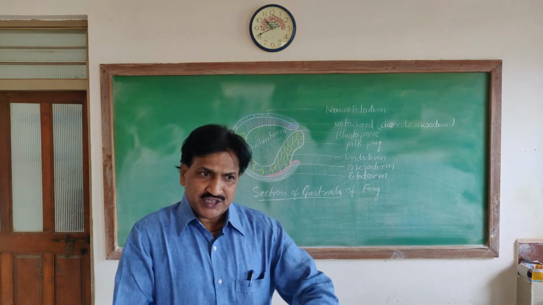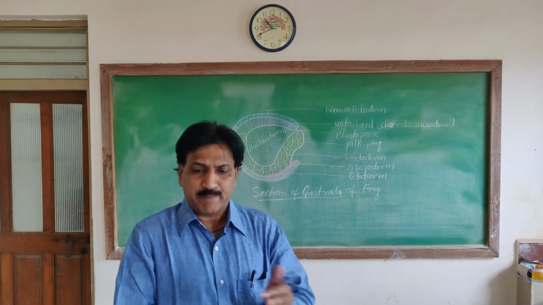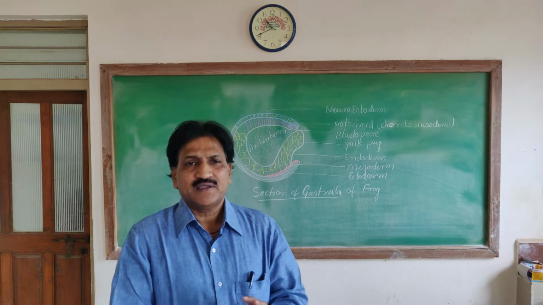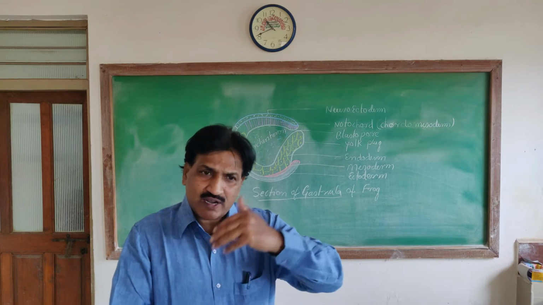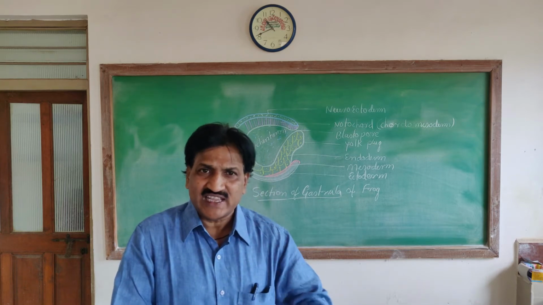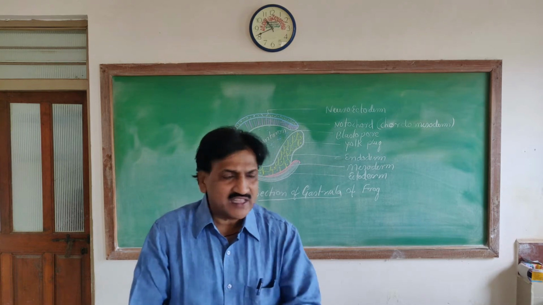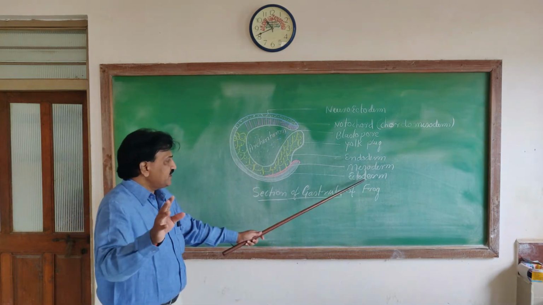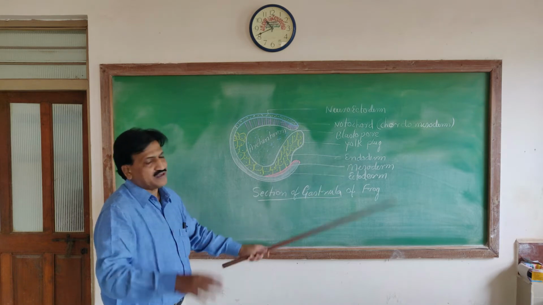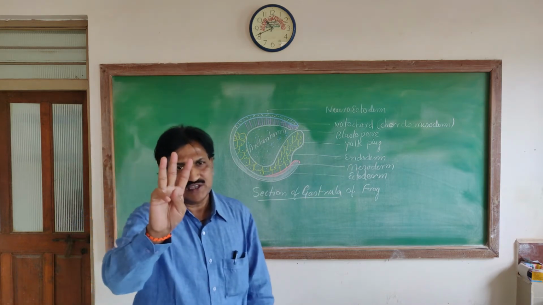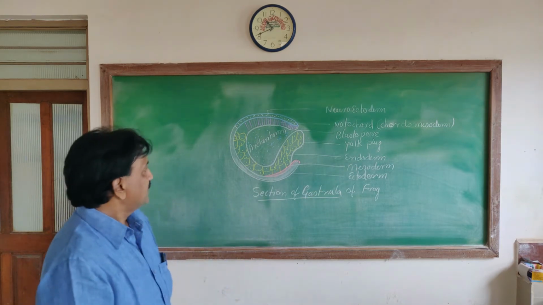So after the invagination, involution, epiboly, the single layered blastula transforms into 3 germ layers: once again I will repeat, ectoderm, mesoderm, endoderm.